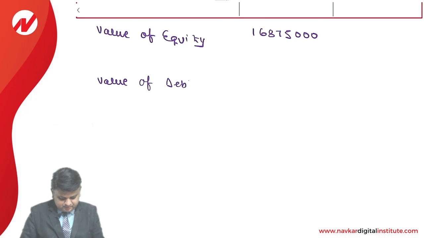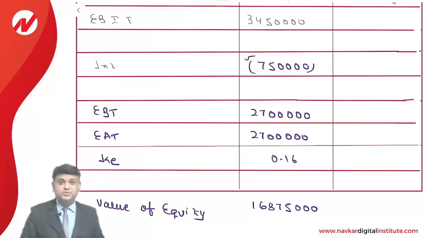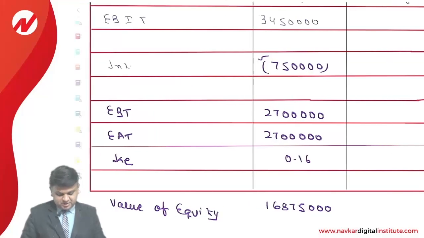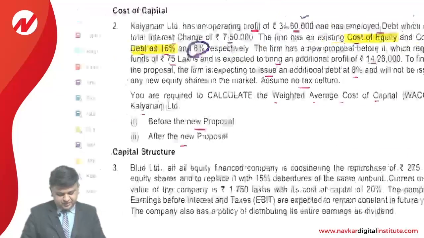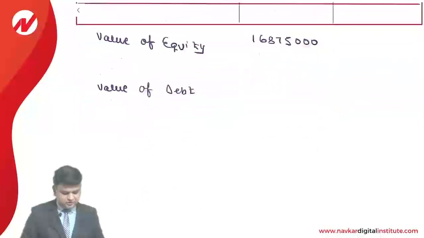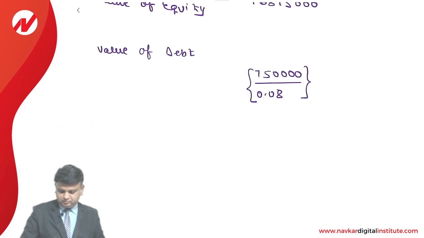Value of debt: we understand that the rate of interest is provided to us as 8% and the amount of interest is provided as 7,50,000. So using these two pieces of information, we can compute the value of the debt. 7,50,000 divided by 0.08 comes to 93,75,000.